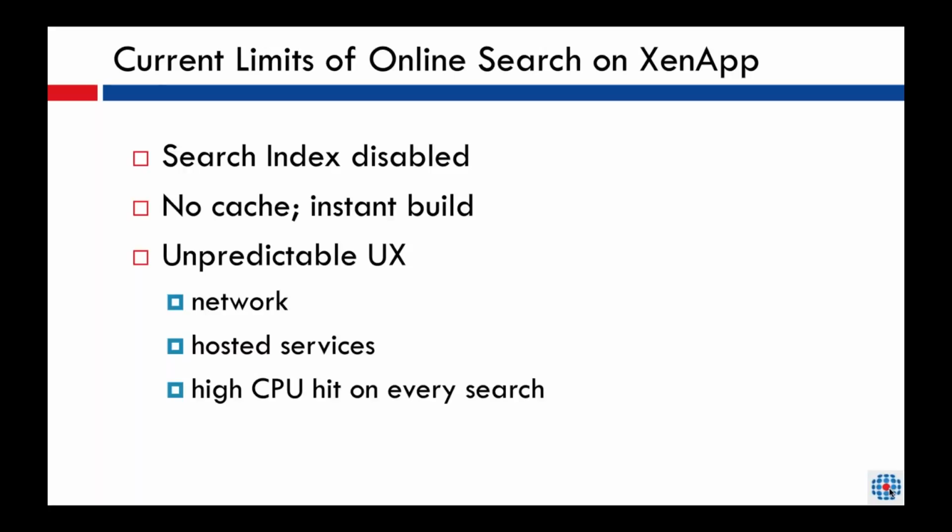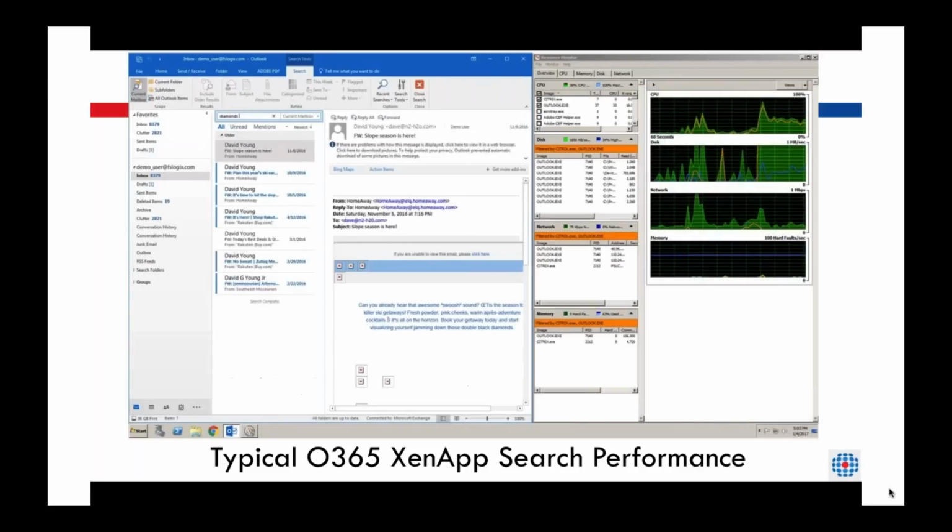I'm going to show you a screenshot of this, but I actually have full video. If you want to watch it, just drop us a note. This is me doing search through Outlook 2016 using queries against the online servers. One would think that I wouldn't use any local CPU, but it does.